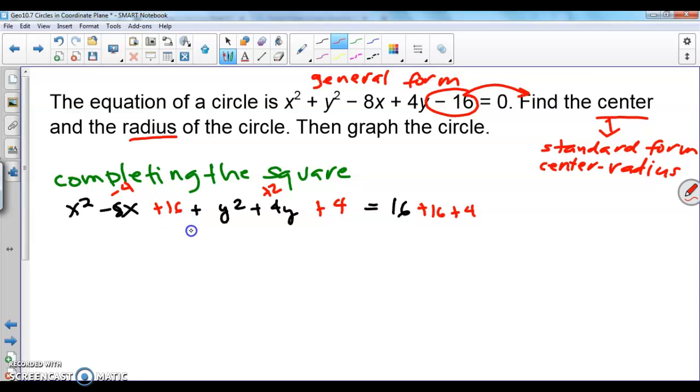Okay, so now what's next? And why did we have to complete the square? We needed to complete the square so we can rewrite the equation into its factored version. So in other words, you're going to write this in the form x minus something squared. There you go. Because remember the formula, it was the form x minus h squared.